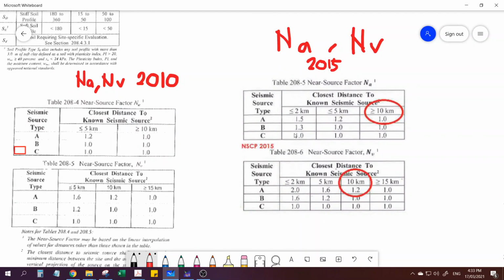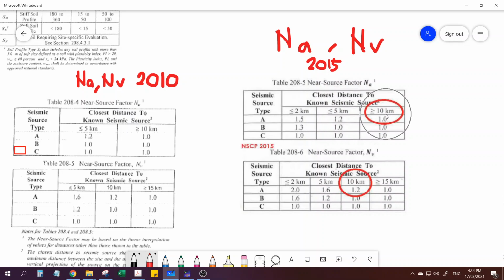There's a difference between 2010 and 2015. 2015 now has a 2 kilometer distance, while 2010 does not have the 2 kilometer column. That means when your distance from the fault line is within 2 kilometers, you will experience more ground shaking. It's now incorporated in 2015.